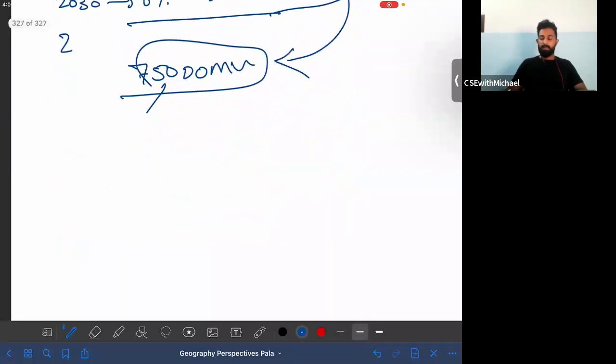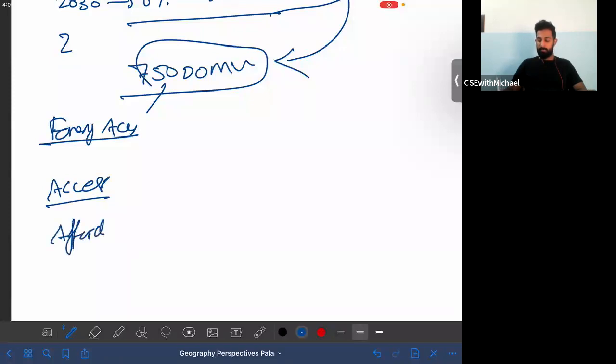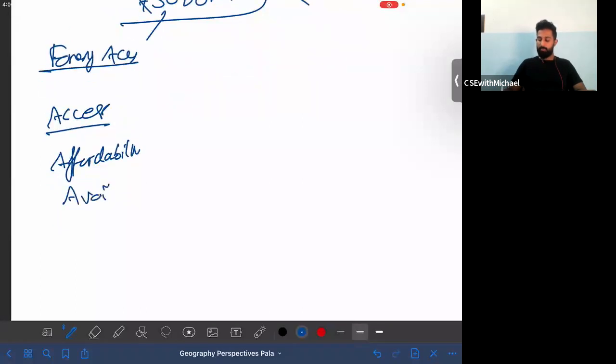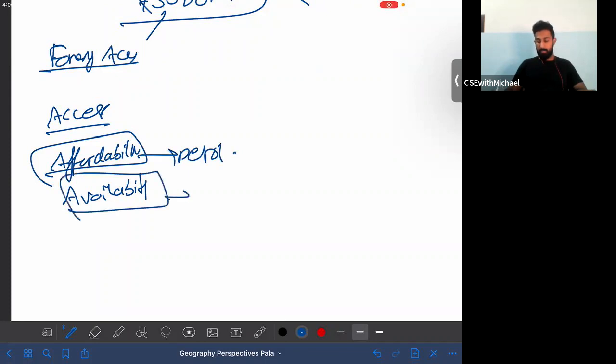Now, lack of access we have mentioned. Energy security is again a function of access, affordability, and availability. Affordability of petrol, we can correlate properly. Availability of energy material like oil is poorly available. That's again an issue.